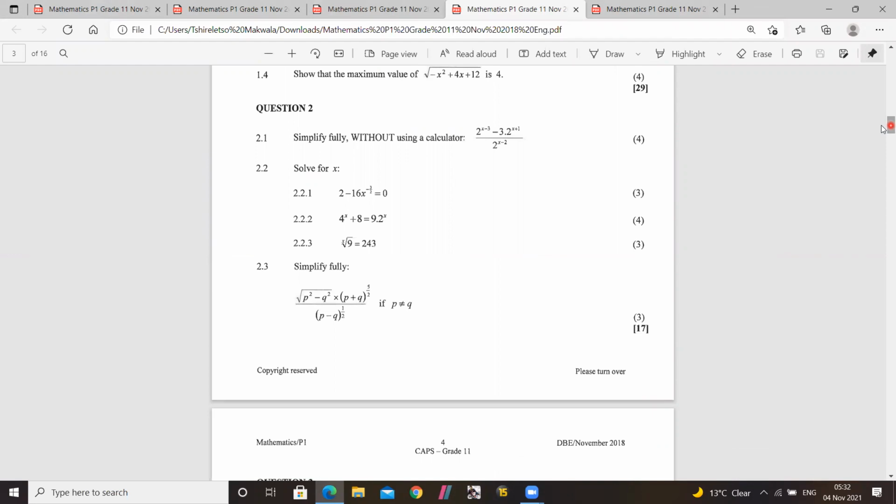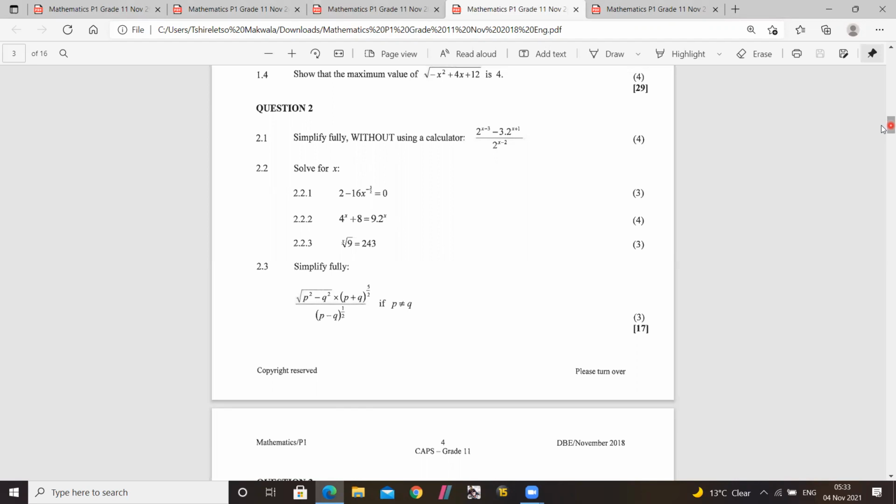So question 2, what type of question will they ask you? They will ask you laws of exponents. So the main focus here, the thing that they are testing for question 2, will be laws of exponents.